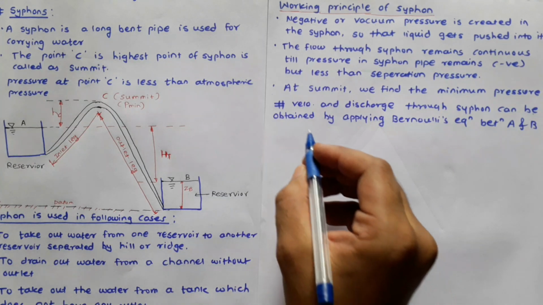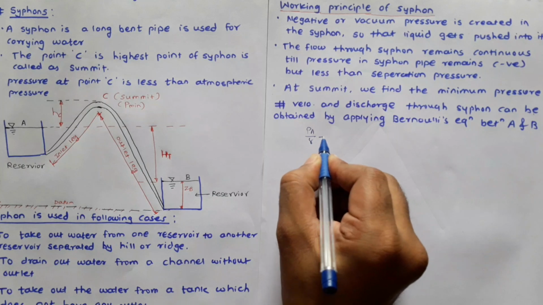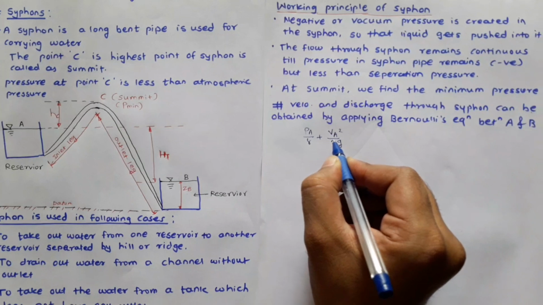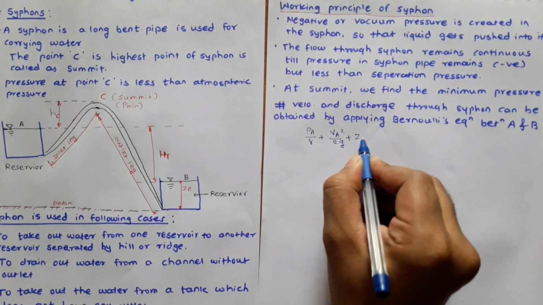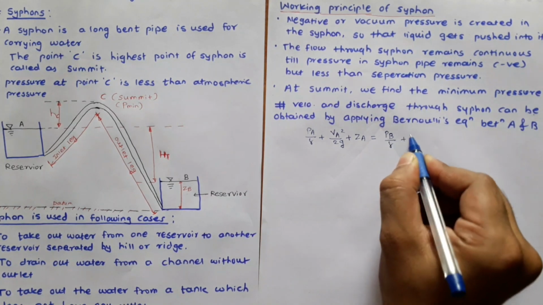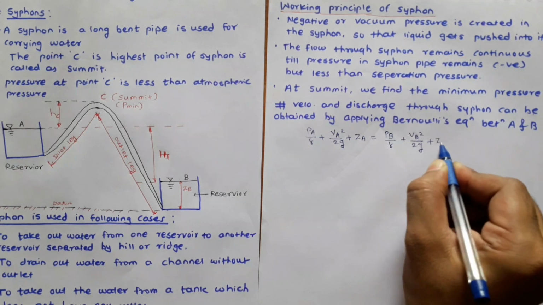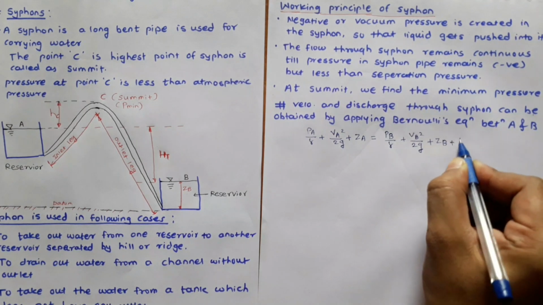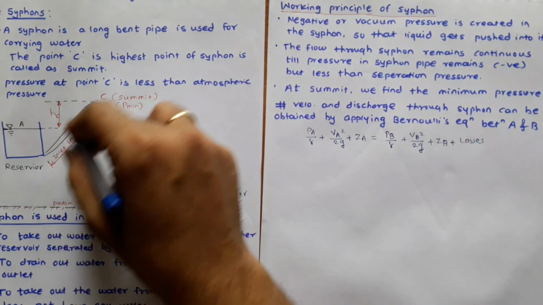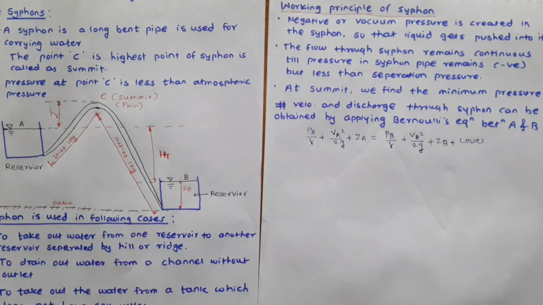So Bernoulli's equation is PA by gamma plus VA square by 2g plus ZA is equal to PB by gamma plus VB square by 2g plus ZB plus losses. Losses take place in a bent pipe, but the pressure at A and B is the same, it is atmospheric.